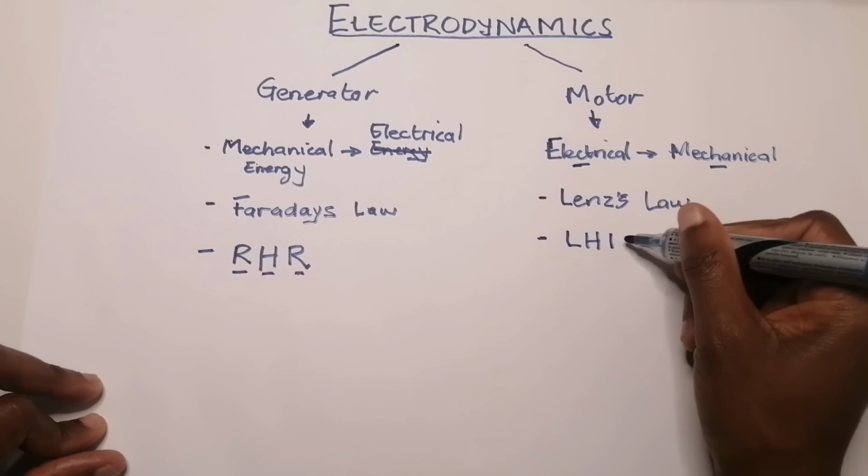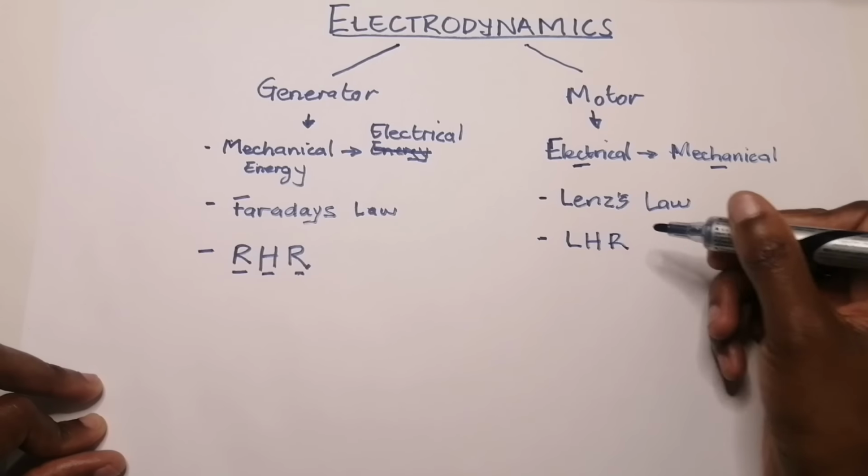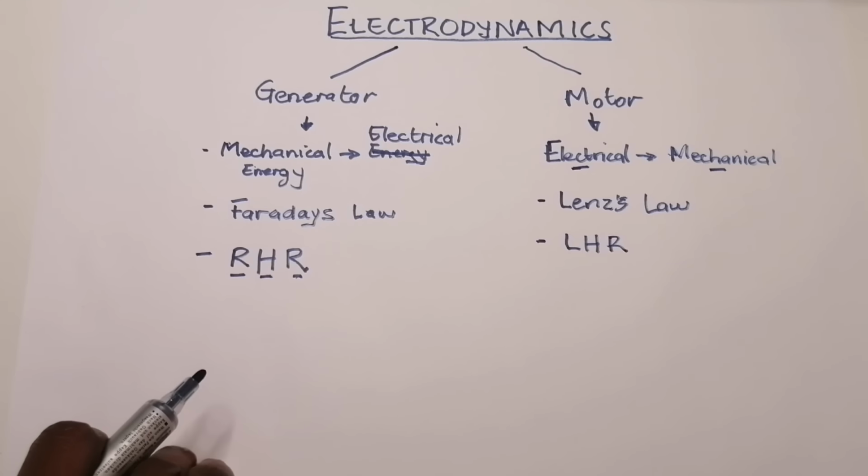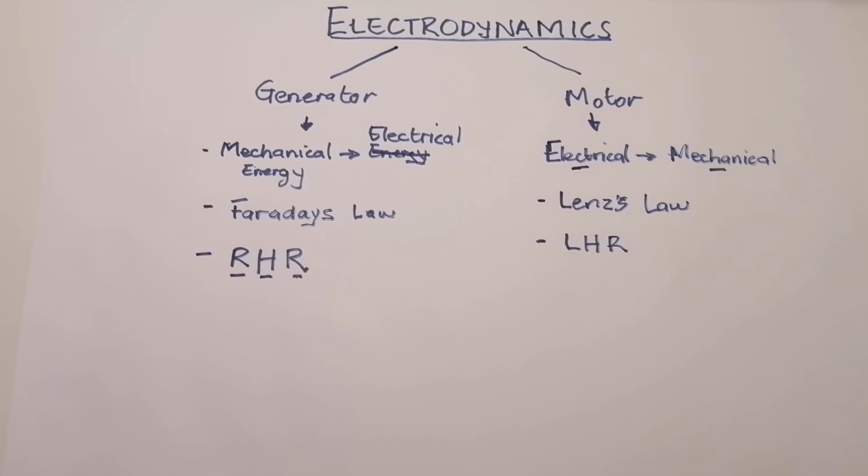So just remember, as I'm about to teach you this, that we use the right hand when it comes to a generator, and we use the left hand when it comes to a motor.